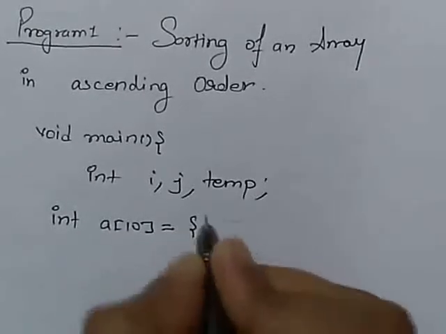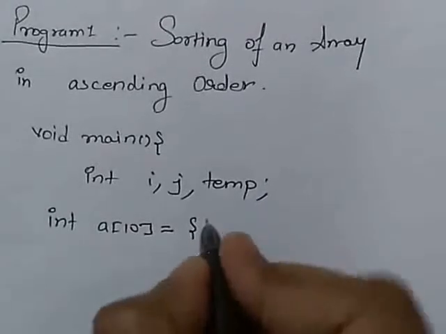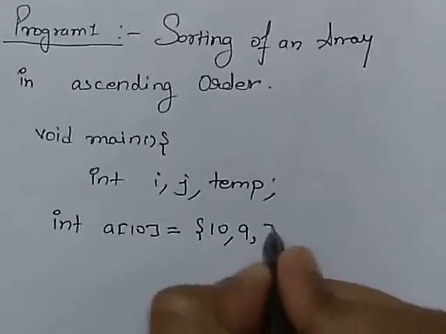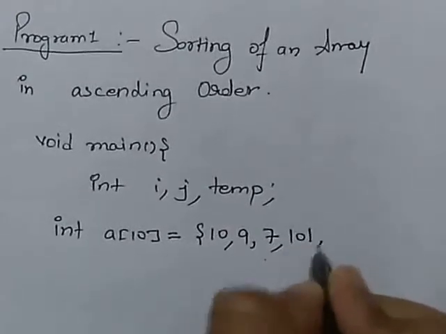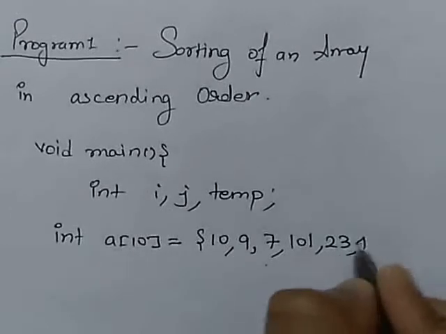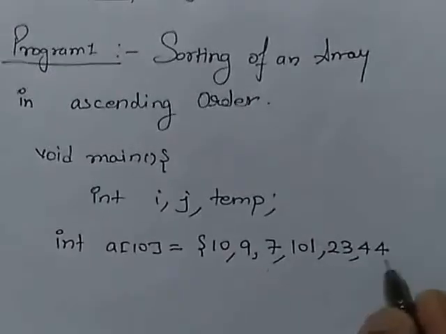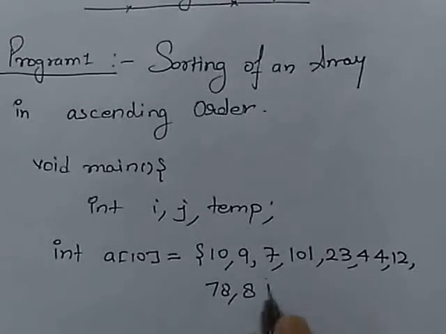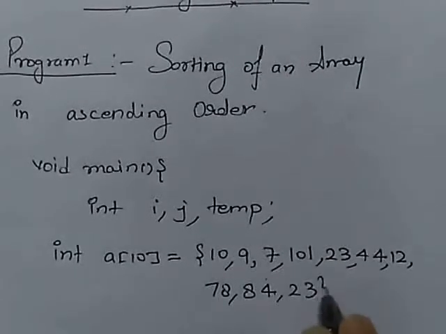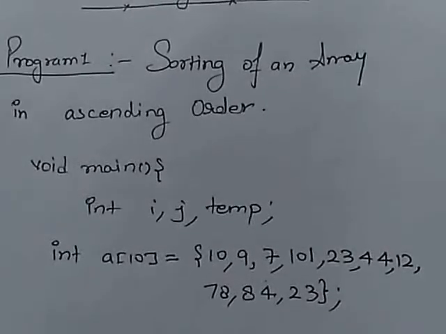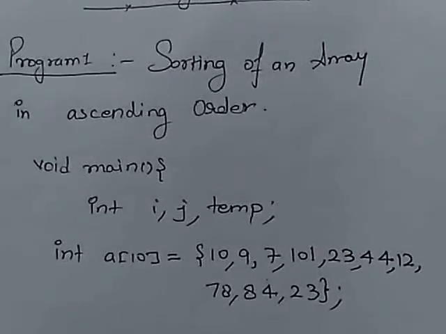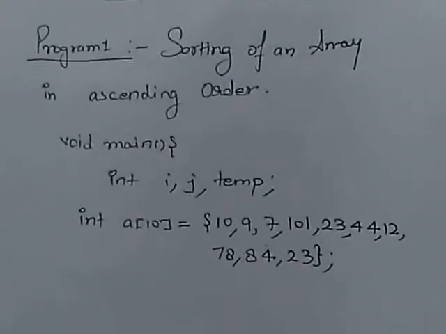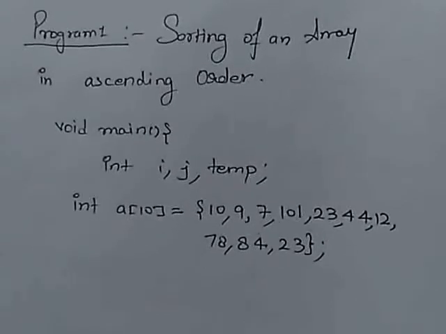In this take some elements with direct initialization, for example 10, 9, 7, 101, 23, 44, 12, 78, 84, 23.